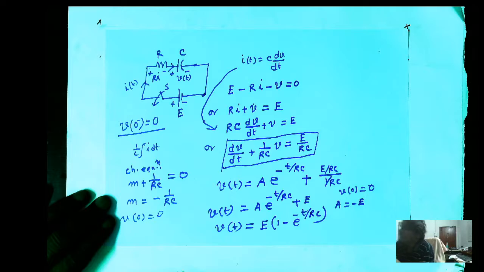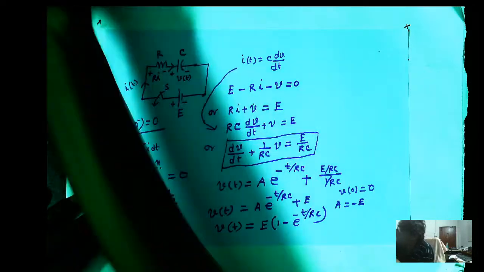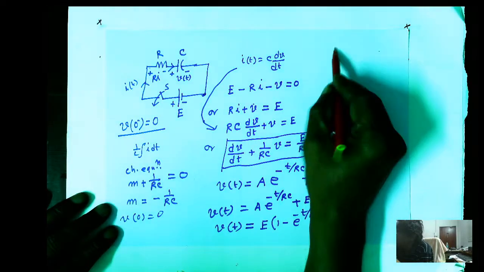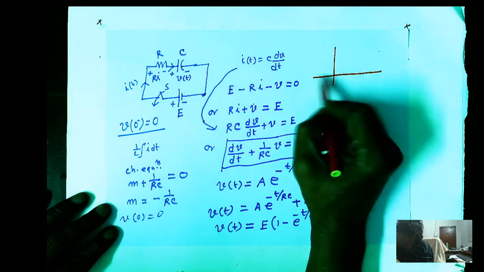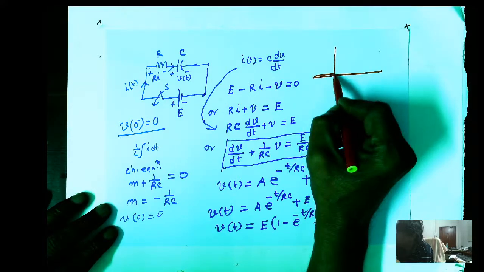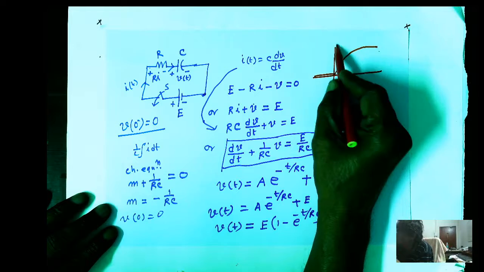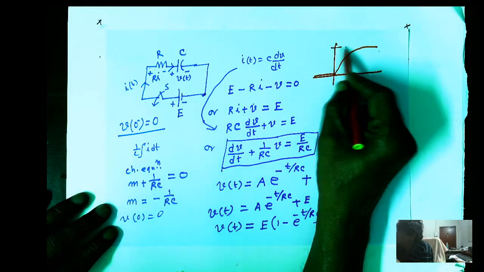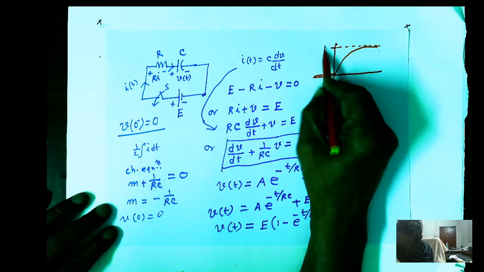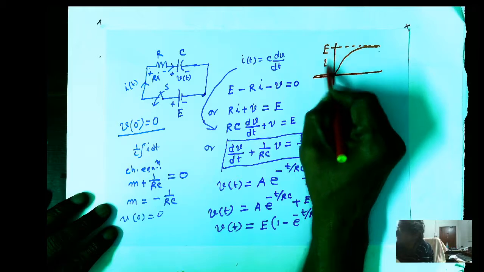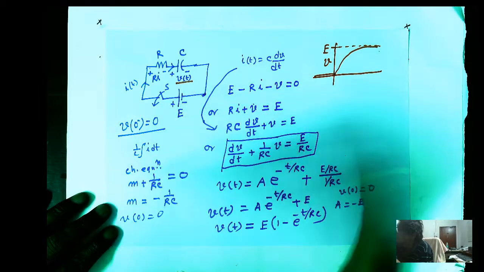So the voltage across the plate of the capacitor will exponentially rise from 0, like this. It was 0, then it will go exponentially, and asymptotically it will reach this final value E. This is the voltage across the plate of the capacitor against time.